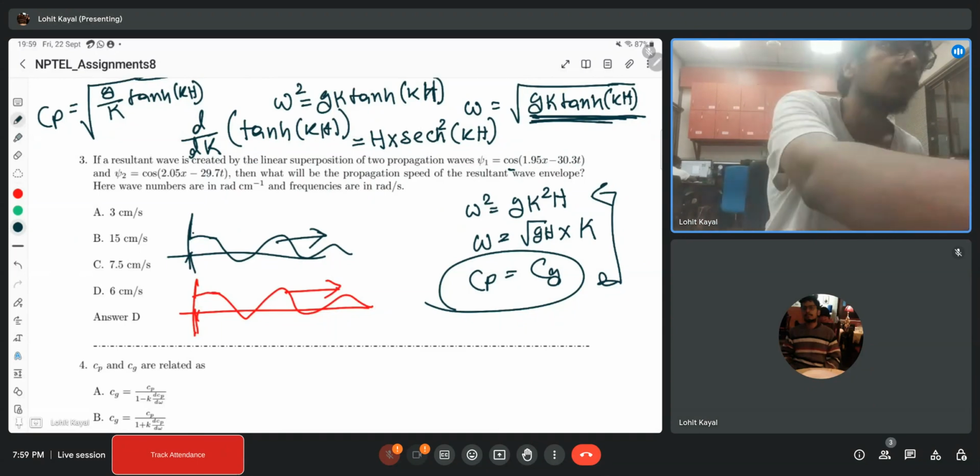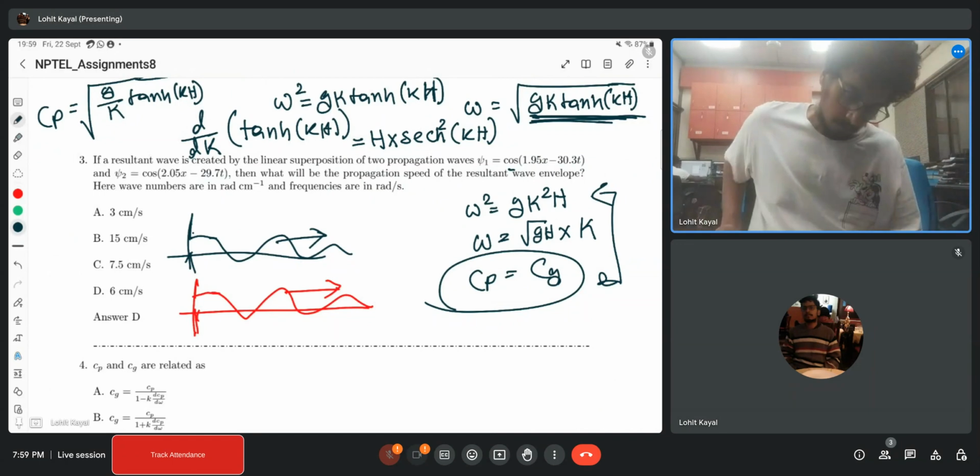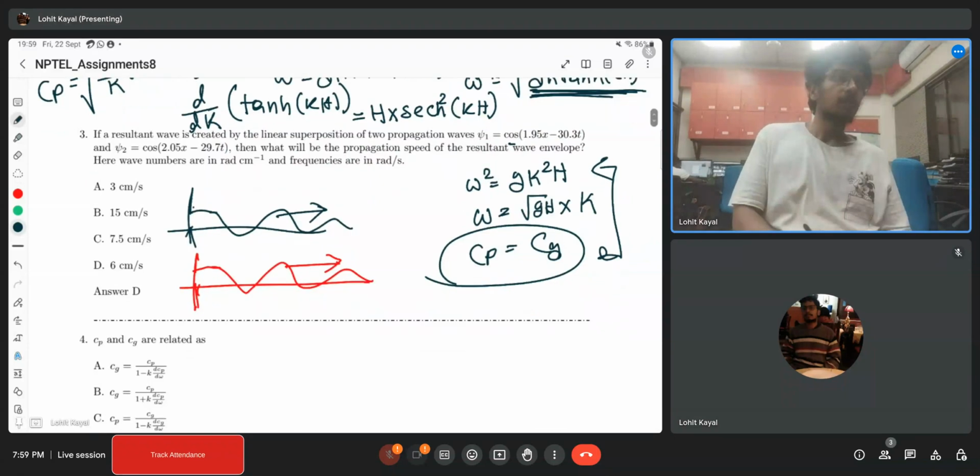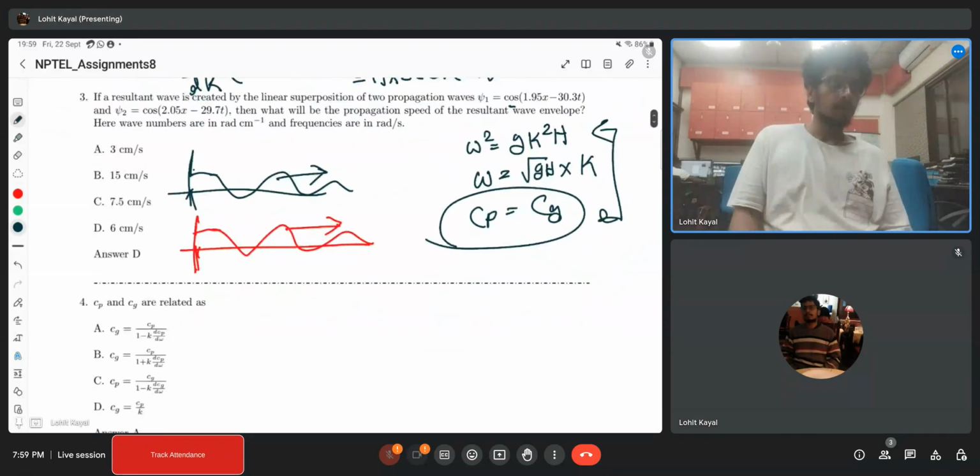So what will be the propagation speed of the resultant wave envelope? Here this is something like kx minus omega t.